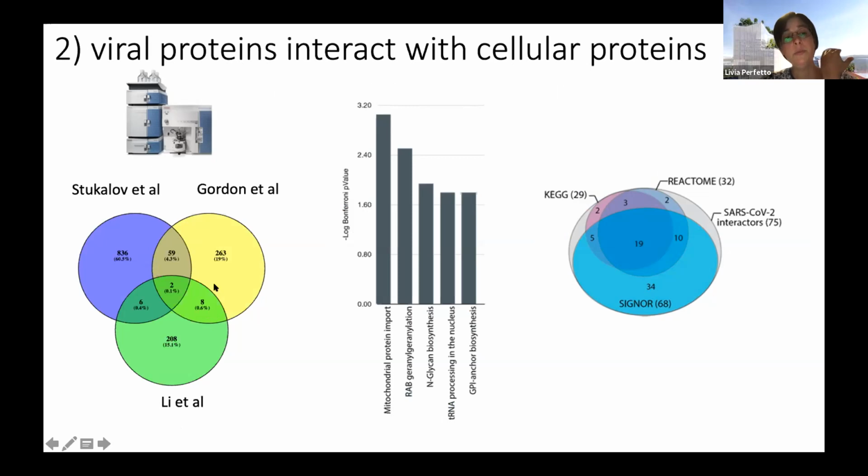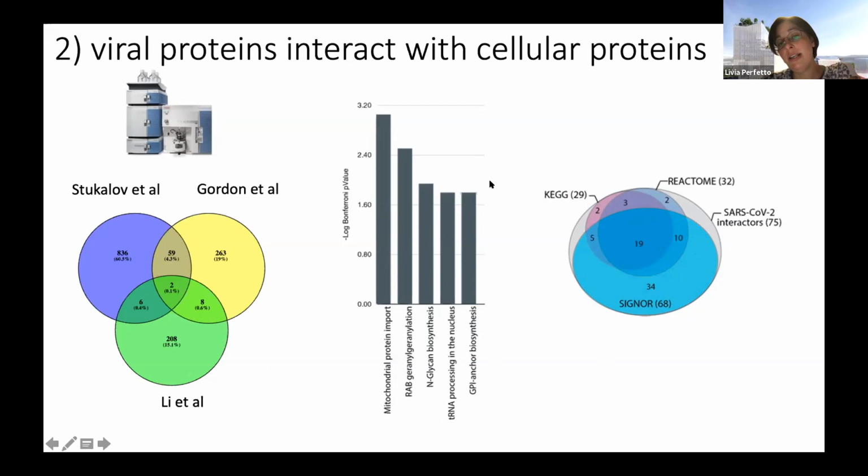So we decided to try to curate downstream effectors of these 75 proteins, and for 68 of them, we succeeded. The reason we did that is that when we tried a general pathway enrichment analysis for the 75 proteins, we only obtained a very poor and not very informative enrichment.